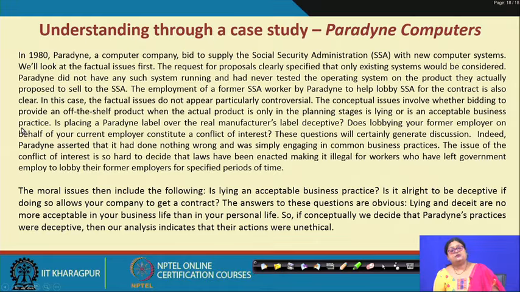Again, it has put its own label on the real manufacturer's label. Was it also hiding one's own identity? And then having this new employee lobby for Paradigm to SSA, was it ethical or not? Can we do it in that way? So these are the conceptual issues.